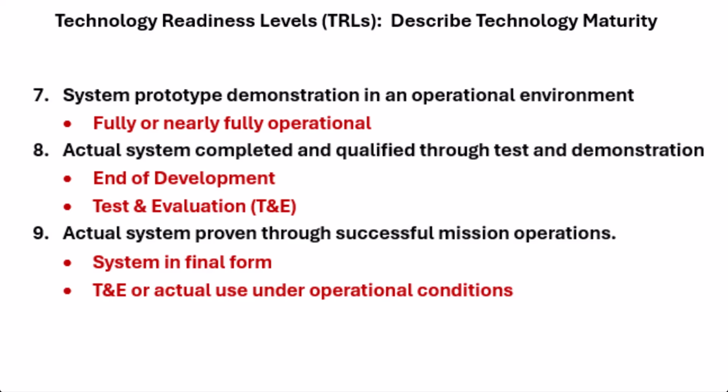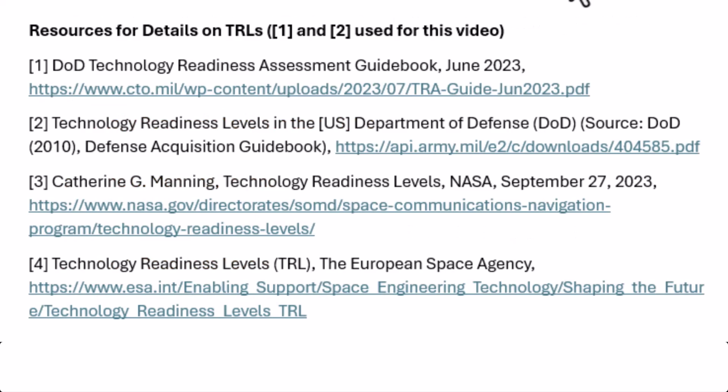For that purpose, we have another list of levels known as MRLs, or manufacturing readiness levels. Although these are somewhat correlated with technology readiness levels, there is no one-to-one correspondence, and manufacturability may lag technology development. Here are some resources for learning more about TRLs.